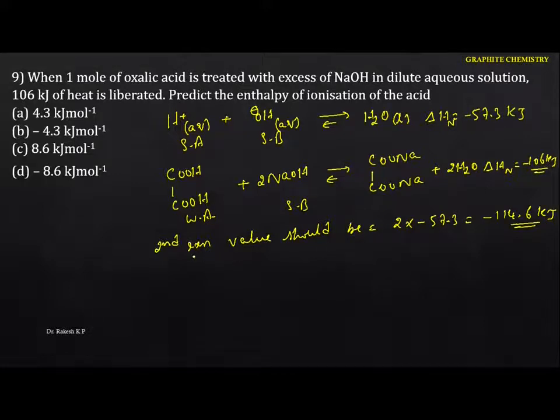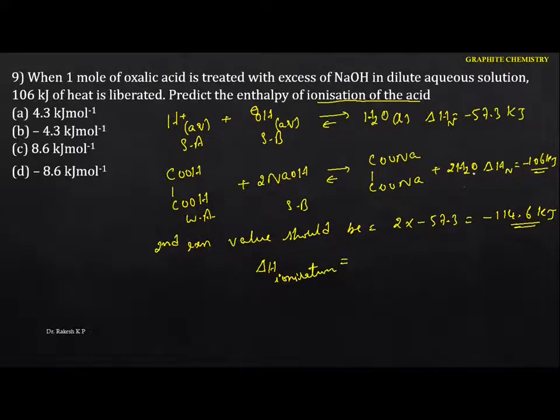Okay, that means the difference you have to identify. If you are talking about the ionization, because weak acid dissociates partially, if you want it to dissociate completely, we require the energy. That means you have to identify what is the requirement of the energy for the ionization of this acid. Okay, now we have to identify the difference. So let me write the enthalpy of ionization of oxalic acid, that is equal to the difference here.